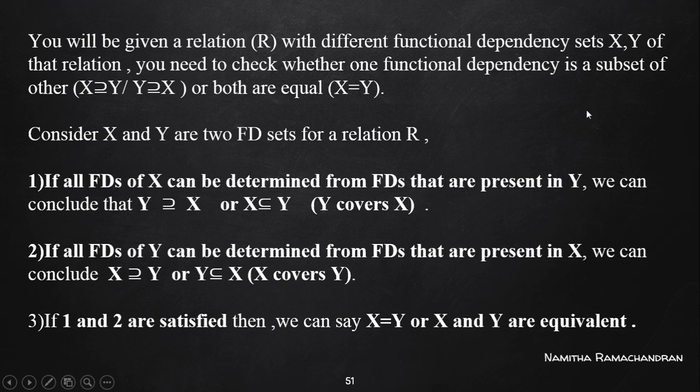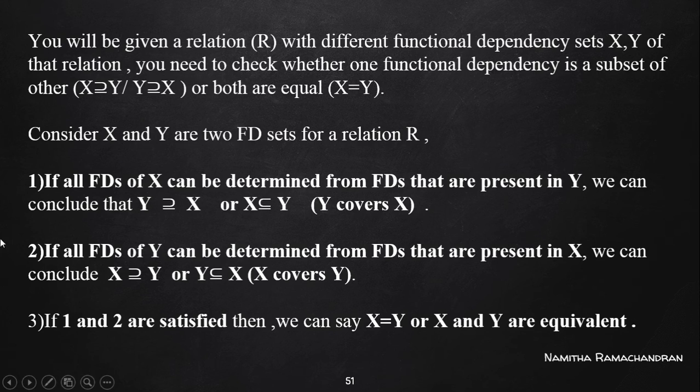What is the step we want to perform? We want to check whether X is a superset of Y and Y is a superset of X. If this one is valid and this one is also valid, then we can say both X and Y are equivalent. So this is the logic of equivalency between functional dependency sets.